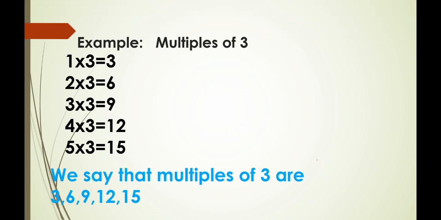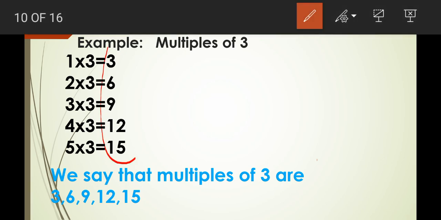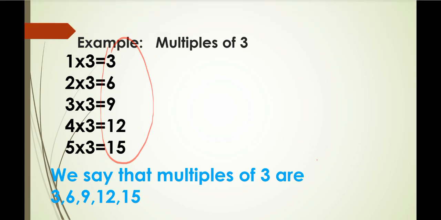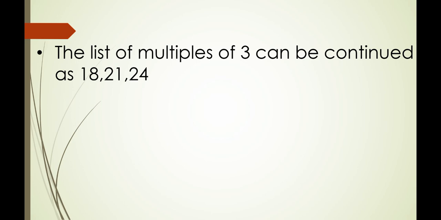So we say that multiples of 3 are 3, 6, 9, 12, 15. These are the multiples. Will it stop here? No. It will go on like that, right? The list of multiples of 3 can be continued as 18, 21, 24. It won't stop.